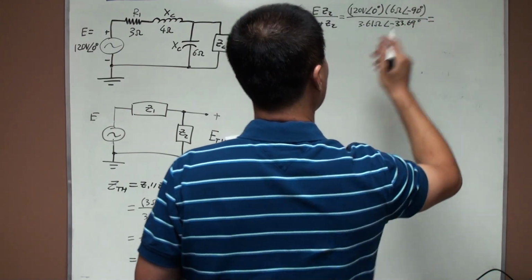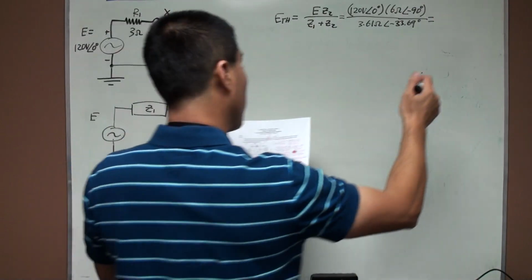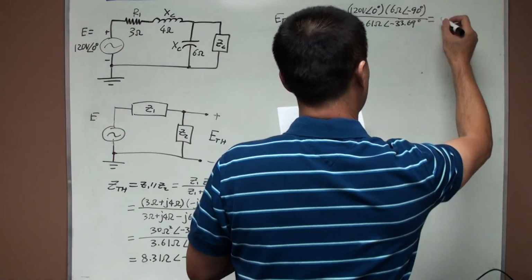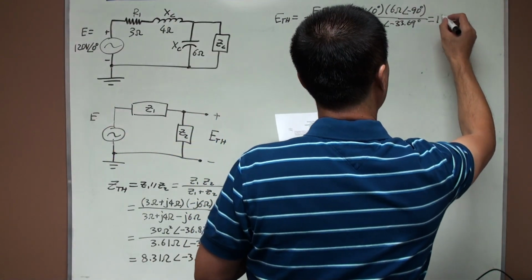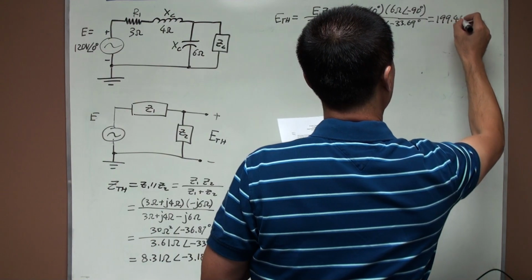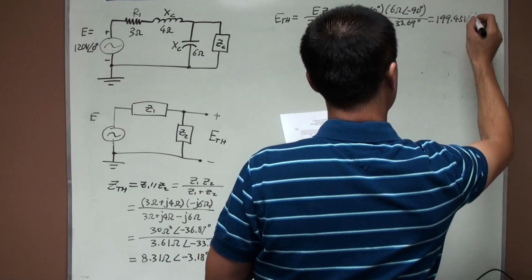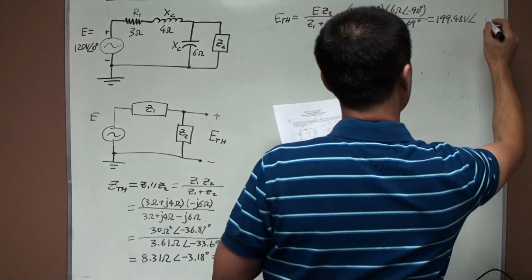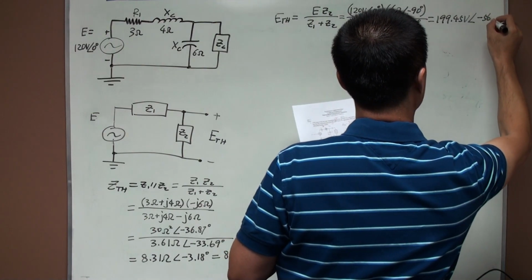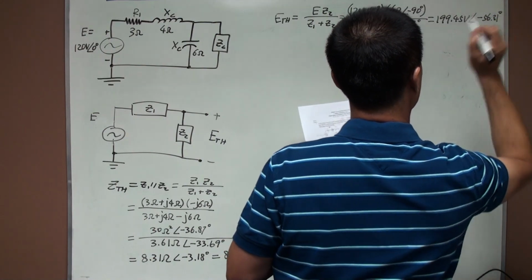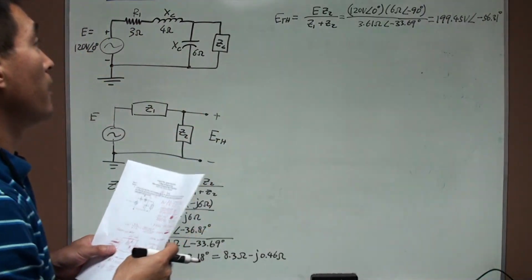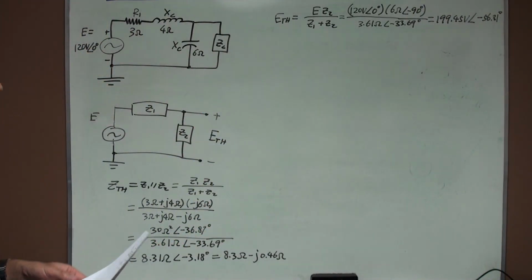Doing the calculation, it's 199.45 volts with an angle of negative 56.31 degrees. That will be ETH.